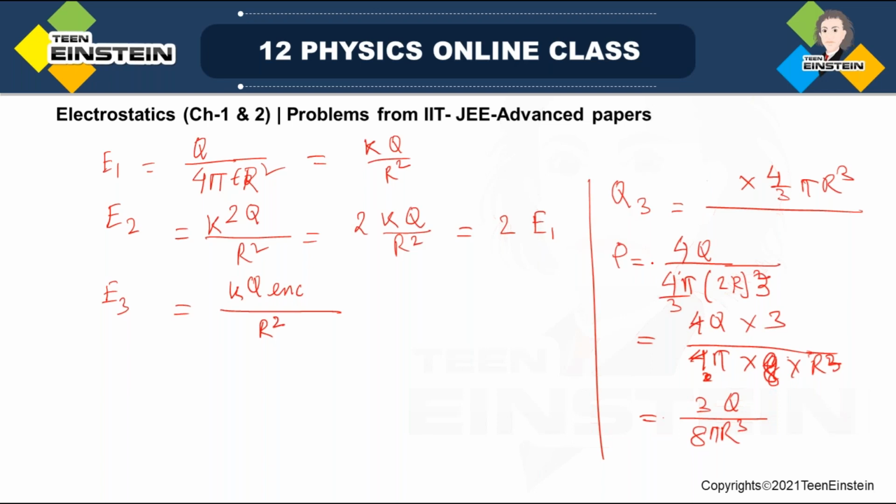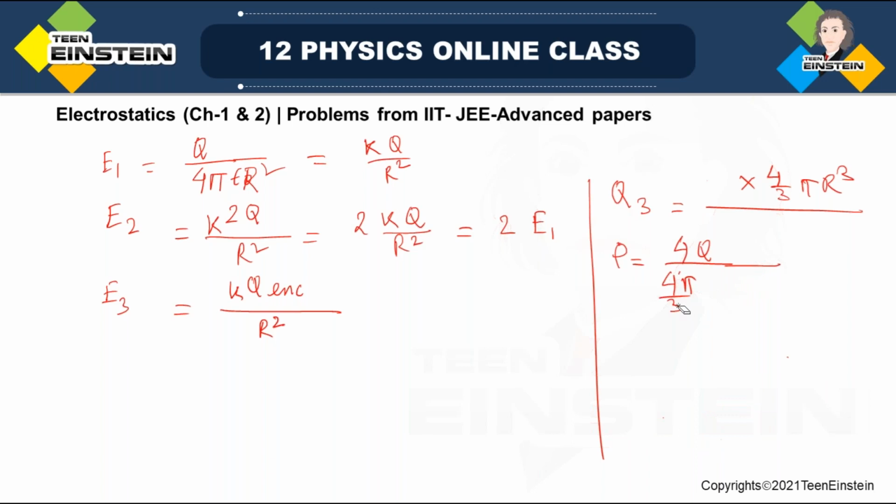Better we could write this directly, without any further simplification. So pi r cube with 2r means 8 into r cube. Let us put it here in place of rho 3.